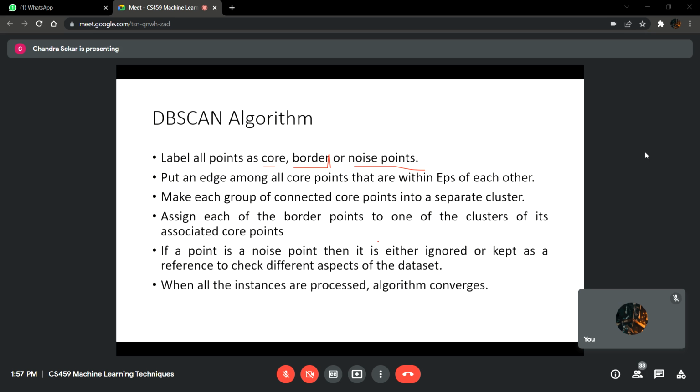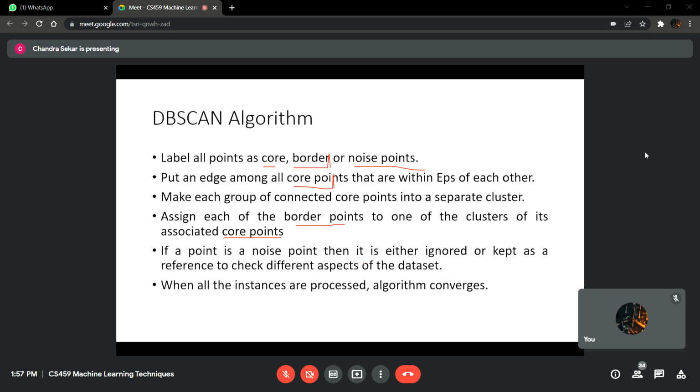And then we will separate the core points from the border points, and border points sometimes might share the neighborhood with one or more core points. In that case, the border point is supposed to be assigned to one of the clusters with which it shares the neighborhood.